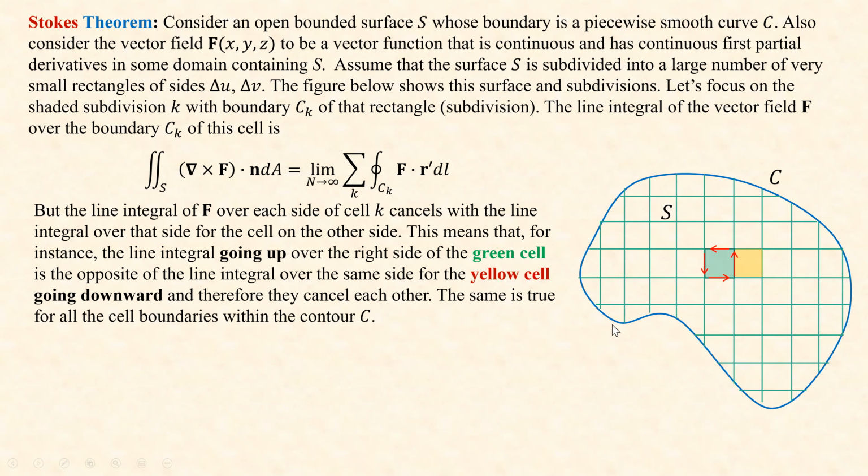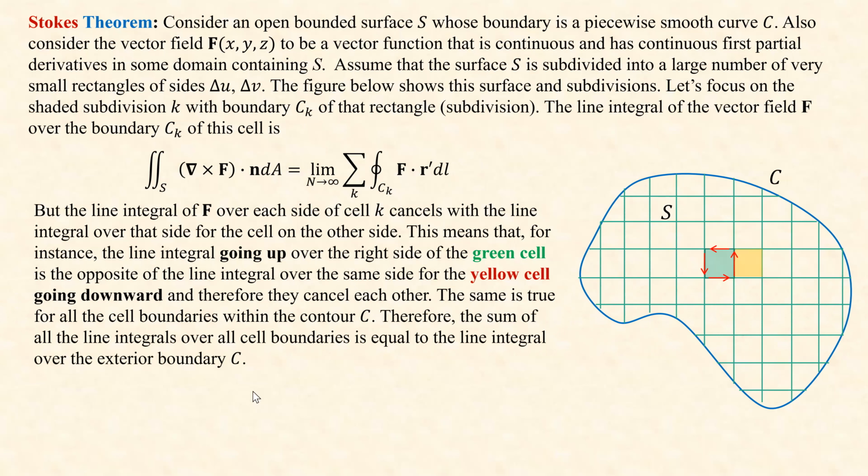The same is true for all the cell boundaries within this contour C. All of these internal line integrals cancel out, unless you get to a cell where there's no cell on the other side, right? Then that part doesn't cancel. This one doesn't cancel. So the whole sum of all of these becomes just the line integral over the boundary.